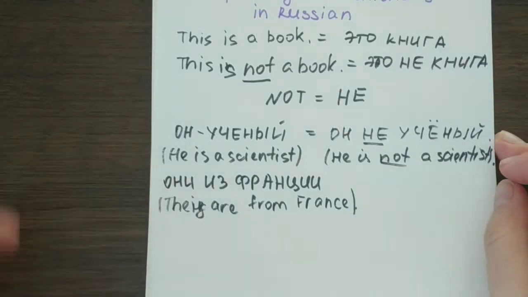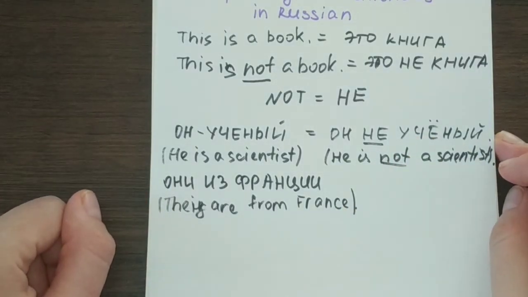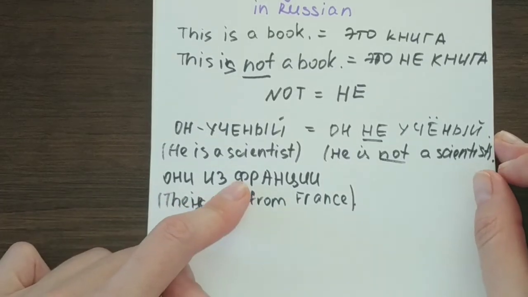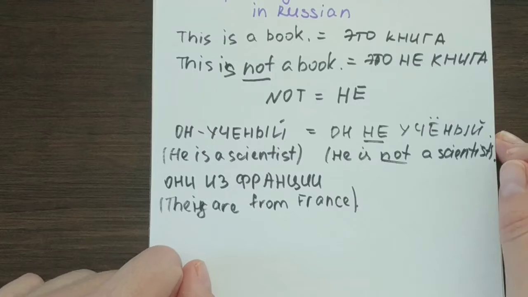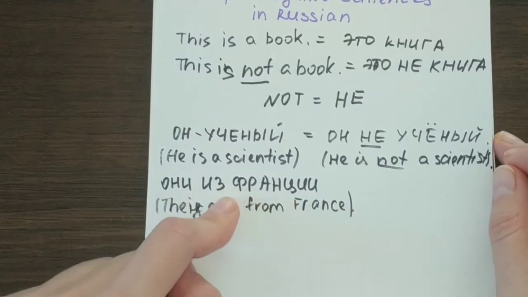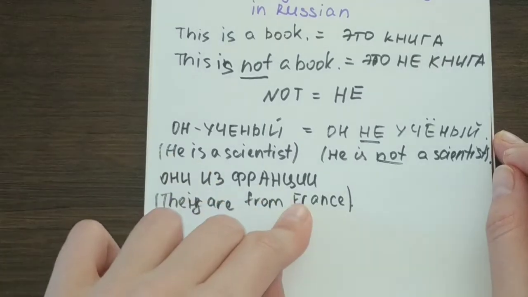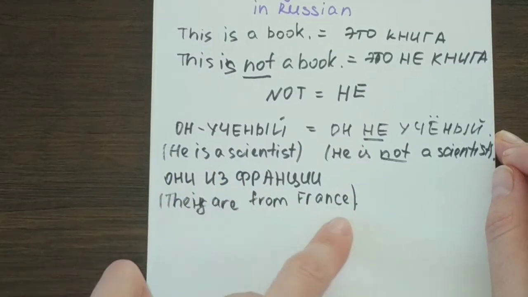So how do we put it in the negative? We have to negate that they are from France. So we are putting не in front of из Франции, which means from France.